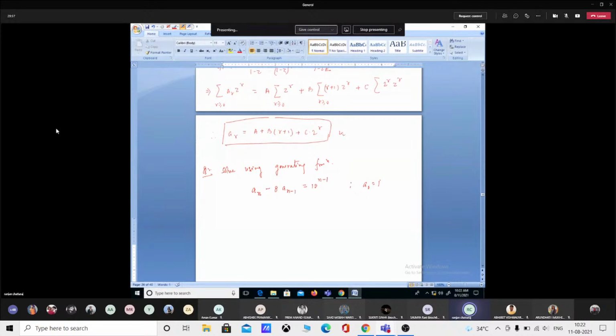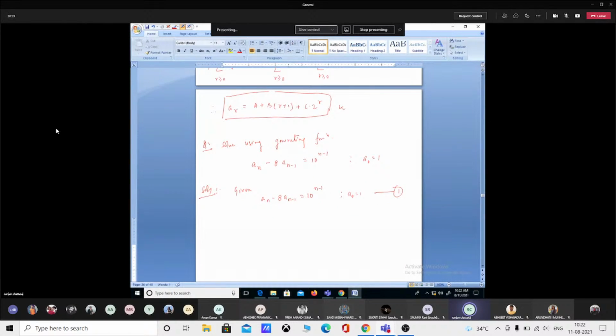A simple problem, solve it. So how to write the solution? Simply write the question. Given a_n minus 8 a_{n-1} equals 10^{n-1}, and a_0 is 1. Now, what should be the next step?